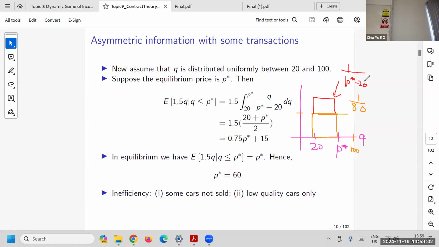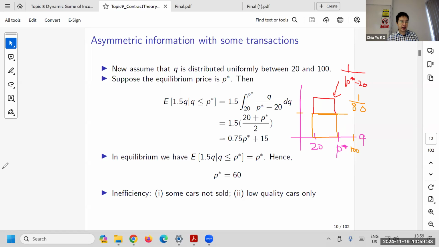Okay, and this is exactly in the paper by Akerlof. But if you look at the paper, he skipped all the calculation and just showed you the answer. So I put it all there in case you want to read the original paper. I don't think I skipped any part, so you can check it rather easily.